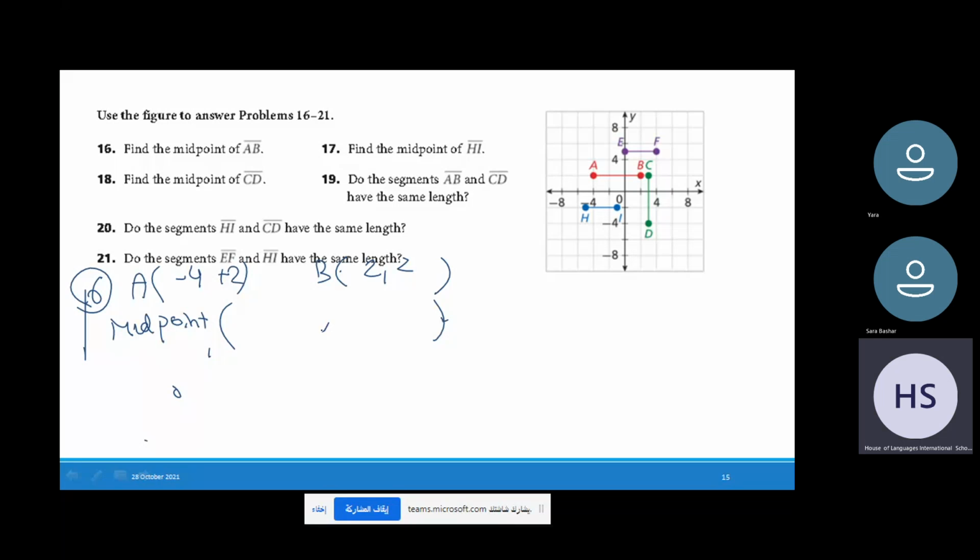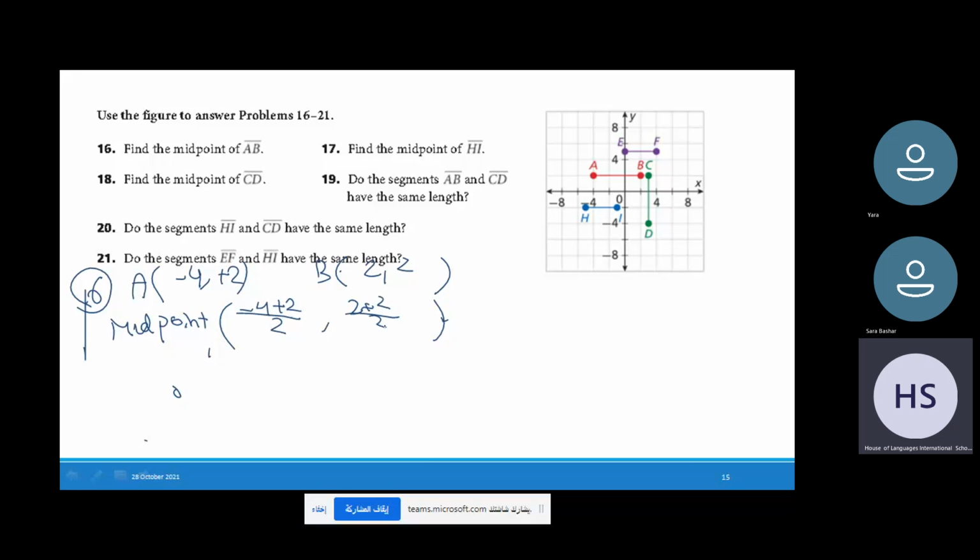What do you have to add? -4 with 2. Bravo. Over 2. And 2 with 2 over 2.